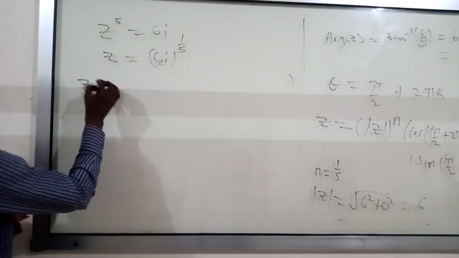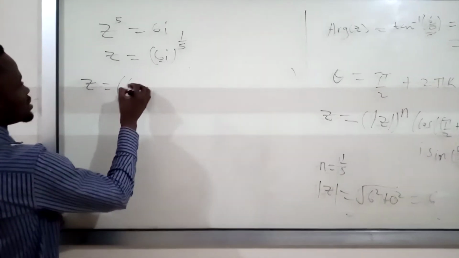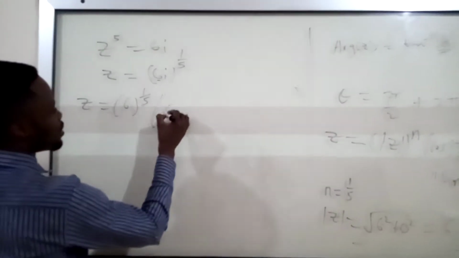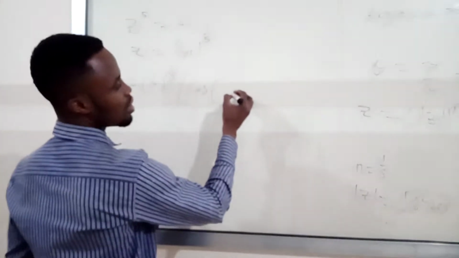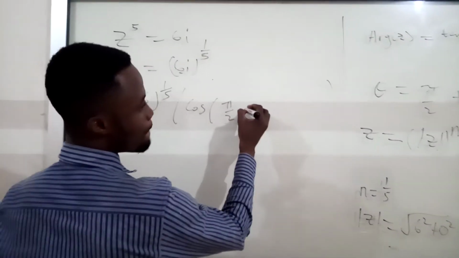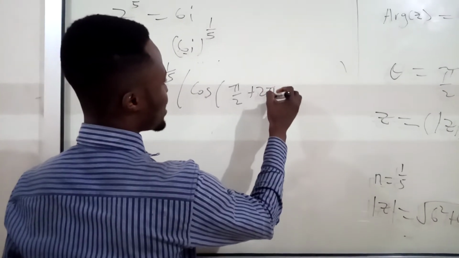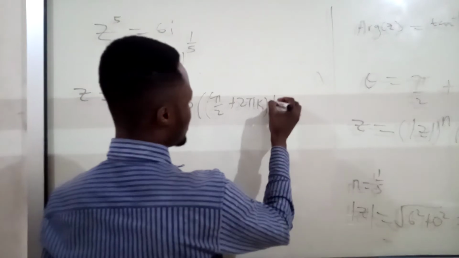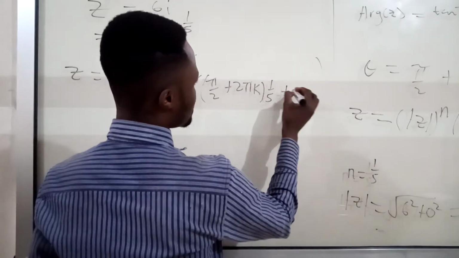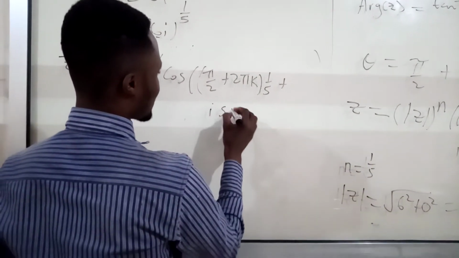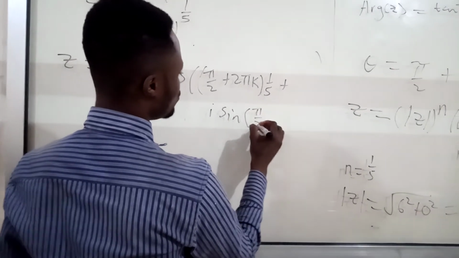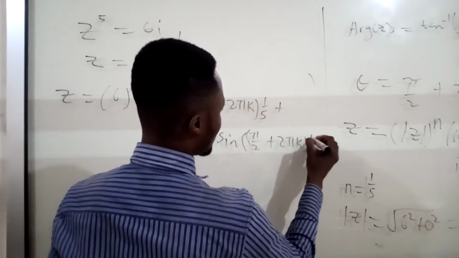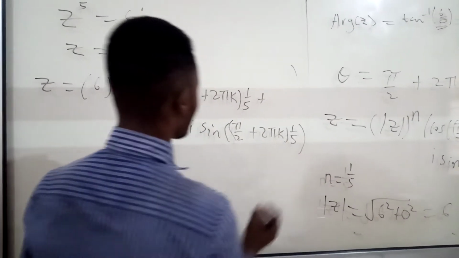We get Z equal to 6 raised to the power 1 over 5, cos of pi on 2 plus 2 pi k times n, where n is 1 over 5, plus i sin of pi on 2 plus 2 pi k times n.